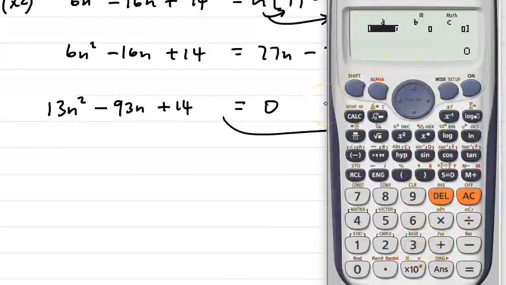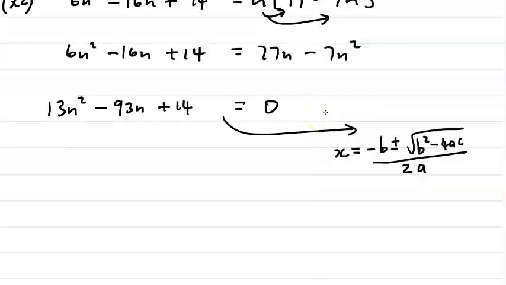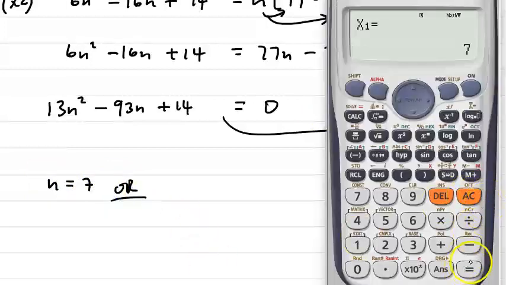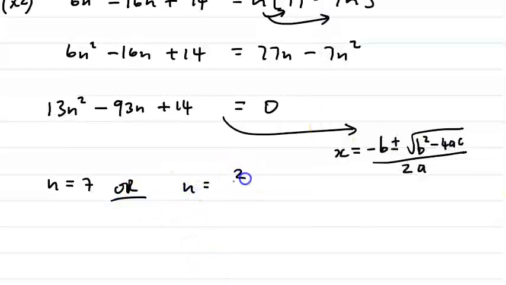So let's put in our values a, b, and c. That will be 13, minus 93, and positive 14, and that's equal to. So we're left with 7. So therefore, we can now say n equals 7, or n equals 2 over 13.